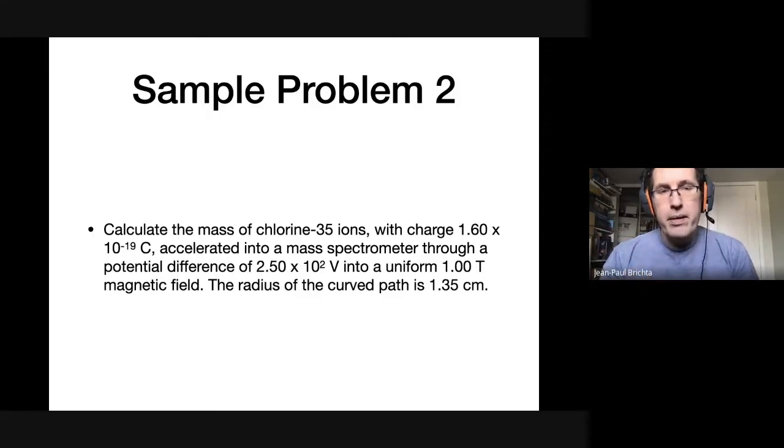Well, we're going to need the potential difference for that, and we're going to need the charge. So we've got those two things. Then, once it's out of that, it's going to be in the magnetic field, and we need to use this idea from Newton's second law, but in the circular form, to figure out the radius, and that was the equation that we were working with a moment ago.